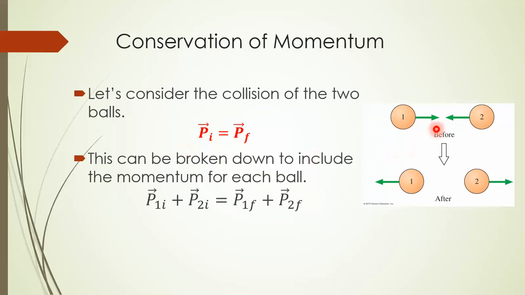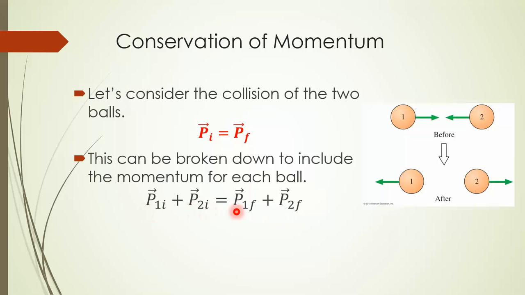Initially, there's momentum of ball 1 and momentum of ball 2. So our initial momentum is the initial momentum of ball 1 plus the initial momentum of ball 2. At the end, our momentum includes the final momentum of ball 1 and the final momentum of ball 2. So we add our final momentum of ball 1 with our final momentum of ball 2.